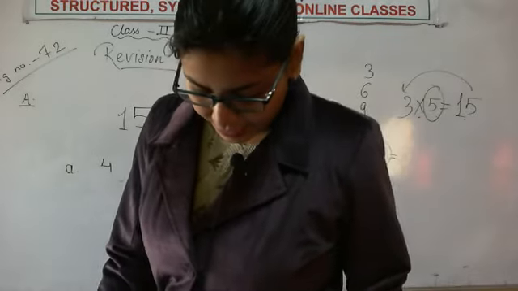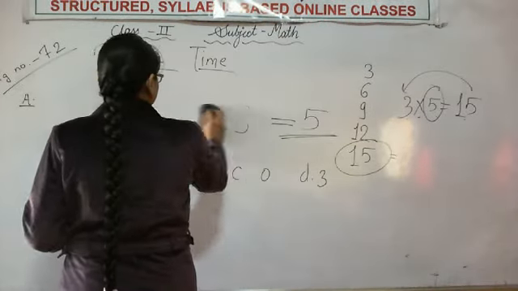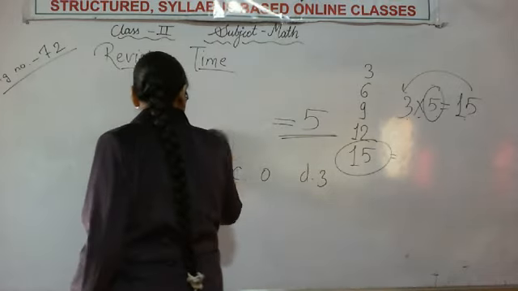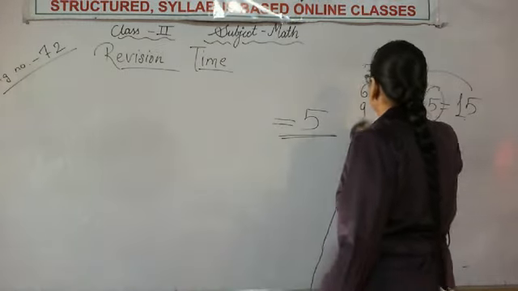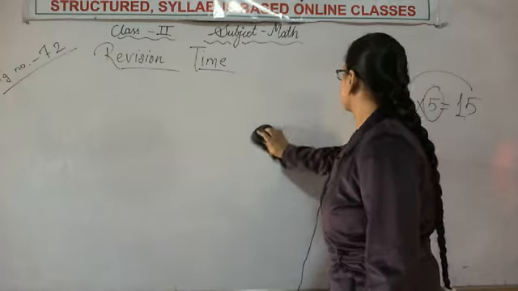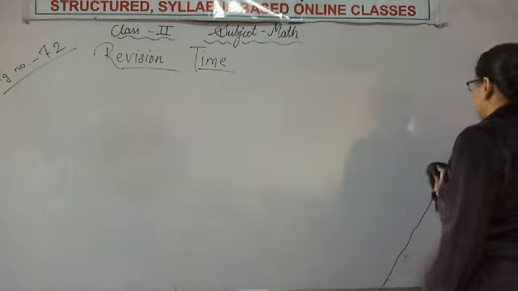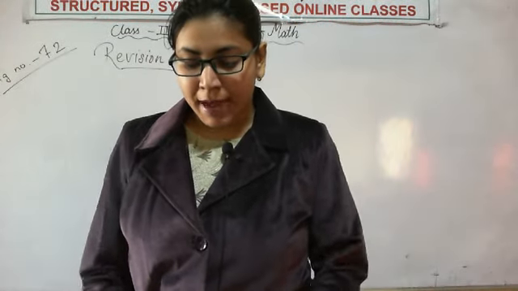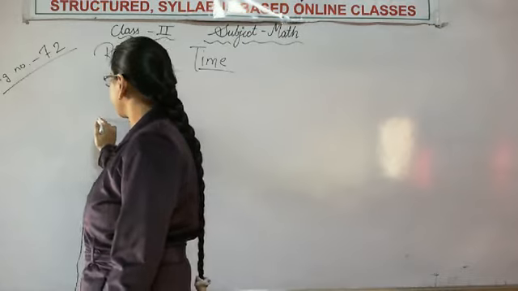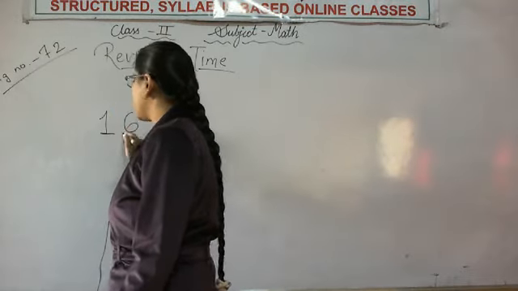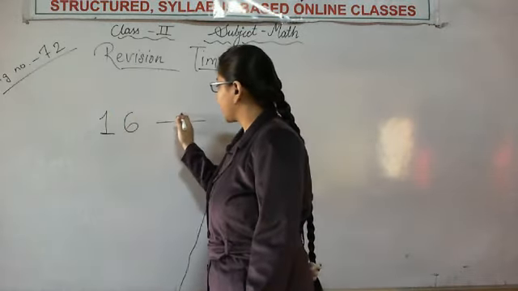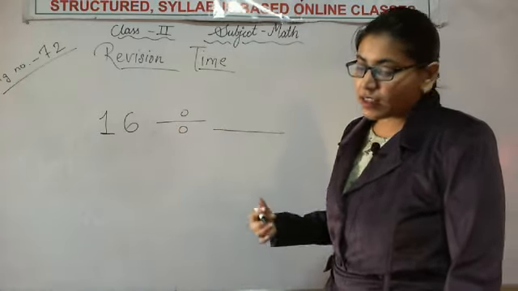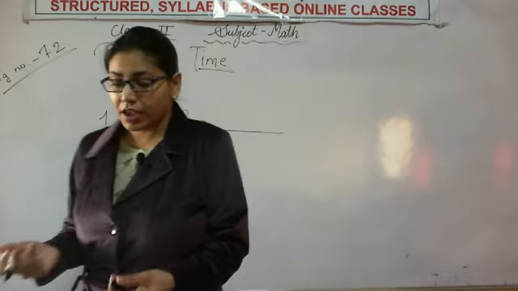Okay, so the next one, all of you read the next question. Question B. 16 balloons can be divided into blank equal groups. 16 balloons can be divided into blank groups, equal groups.